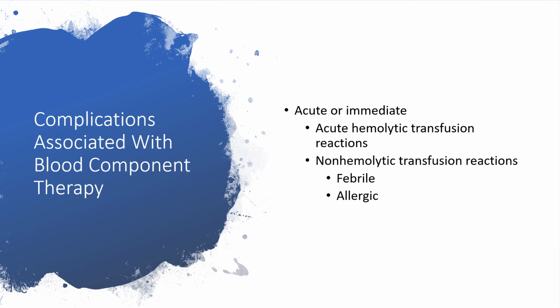So in a febrile reaction, the antibodies in the blood react to leukocytes, which may lead to fever, chills, and a headache. The first treatment is to stop the transfusion, notify the physician, and let the normal saline run. A physician might order you to give some antipyretic for the fever. Then the allergic reactions: sometimes the immune system produces antibodies against plasma protein, despite the same blood group, leading to allergic reaction.